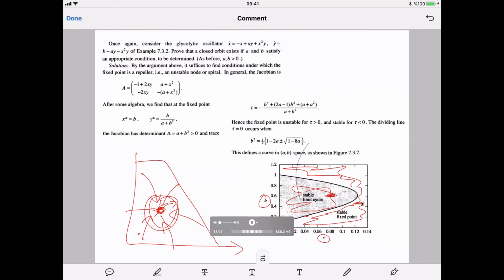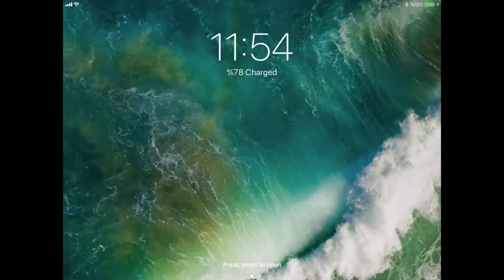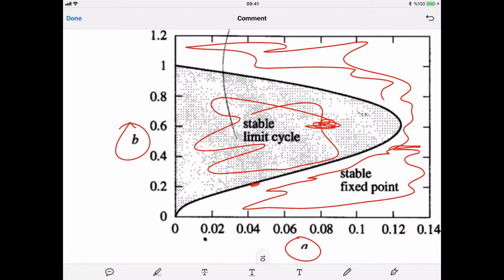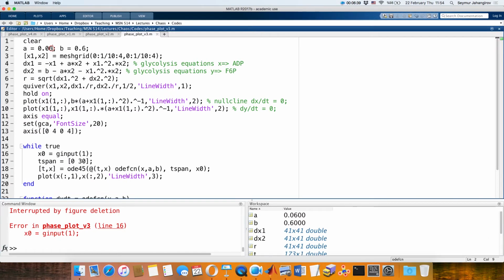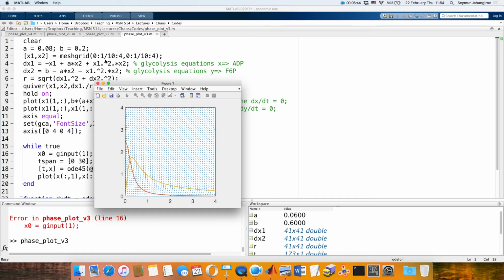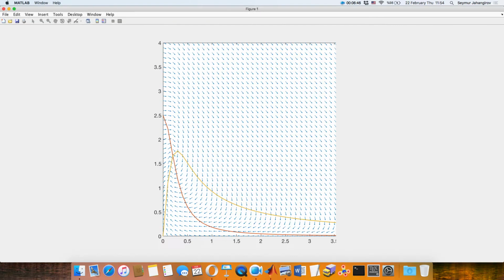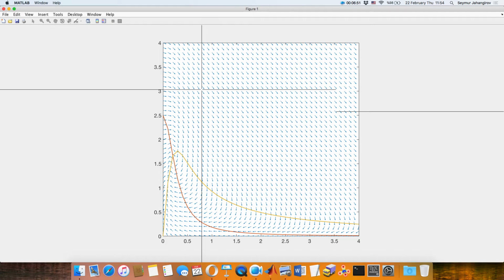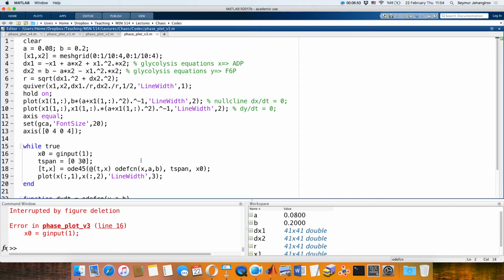So let's go to somewhere here. Where should we go? 0.2 for B and 0.08 for A, for example. Okay? 0.08, 0.2. So now I have the fixed point, and you can see that there is a fixed point here because of the arrows. You already see it, right?